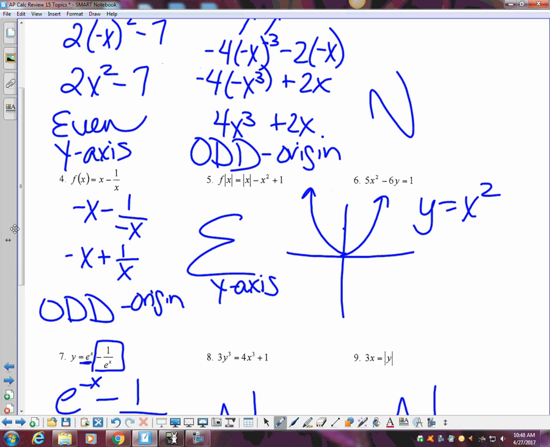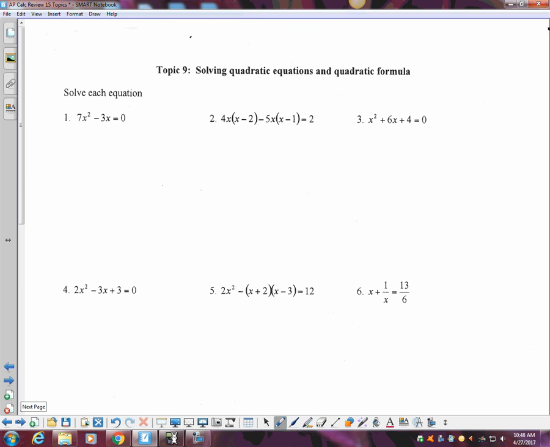All right. Number 9. I'm gonna let you guys chug through this. I want to remind you, if it's quadratic, factor it, set it equal to 0, and solve it. Complete the square. Quadratic formula. Look at number 6.